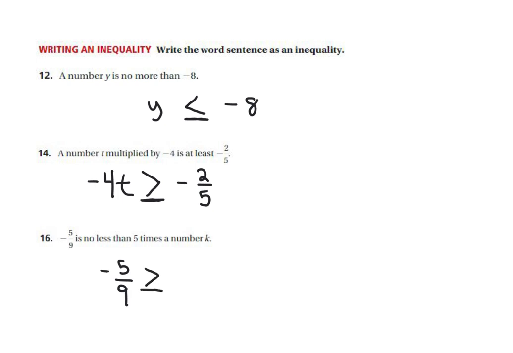And in this case, it could be equal to 5 times a number k. There's our number k. There's 5 times the number k. Now, you could also have that flip-flopped, and you could have any of these flip-flopped. For example, you could have 5k, and you could have the -5/9. But if you flip-flop the terms, you also have to flip-flop the signs.